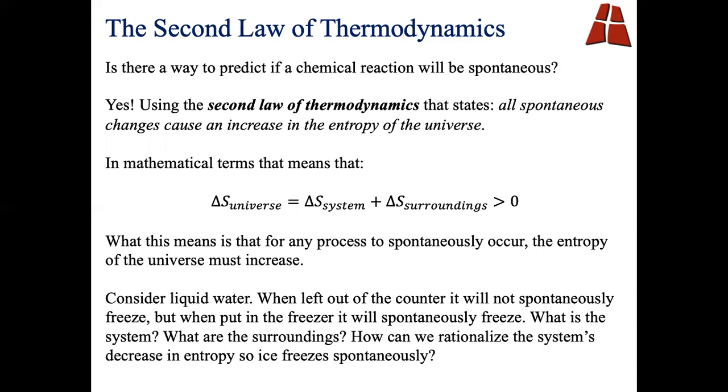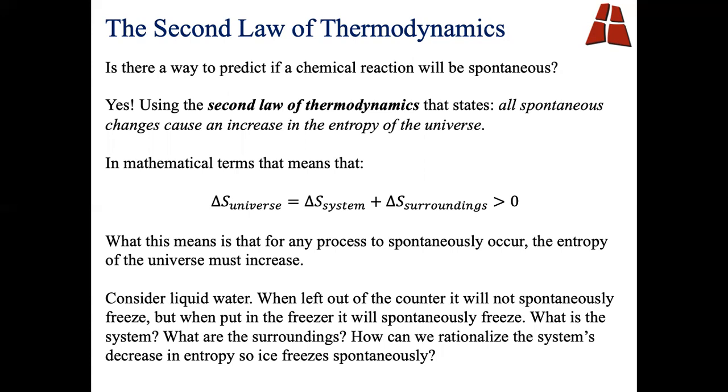So let's think about an actual example here. Say we had liquid water, maybe it was in an ice tray. So if we left that ice tray out on the counter, we wouldn't expect it to spontaneously freeze, right? But if we were to put it in the freezer, we would expect our liquid water to turn into ice. So take a moment to consider in this sort of example where we put a tray of liquid water into the freezer and it freezes, what is our system?